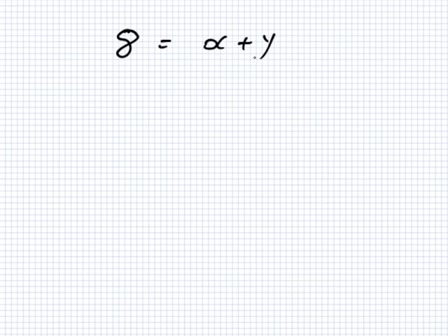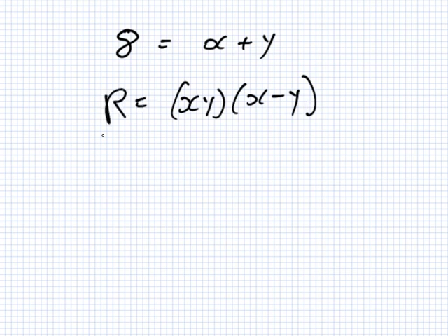So what is my constraint? My constraint is, I want you to pick two numbers such that when you multiply their product by their difference, it's a maximum. So if you multiply their product by their difference, this result here, let me call it R, I want this to be a maximum. Let me just give you some random numbers as an example. Suppose I say 8 is 1 plus 7.